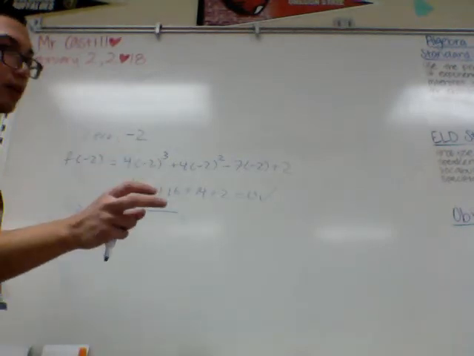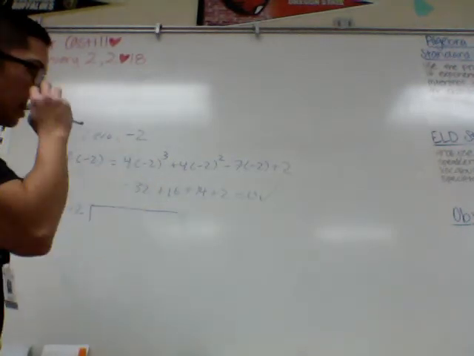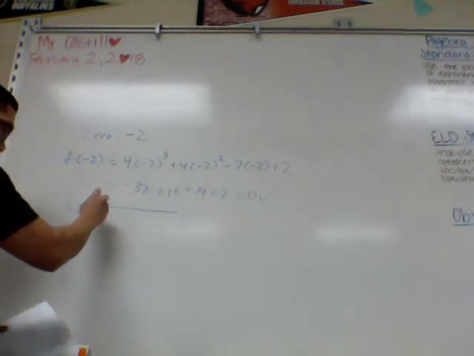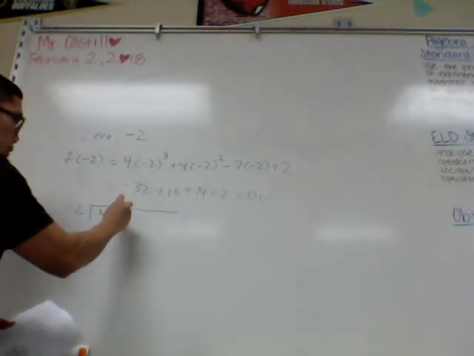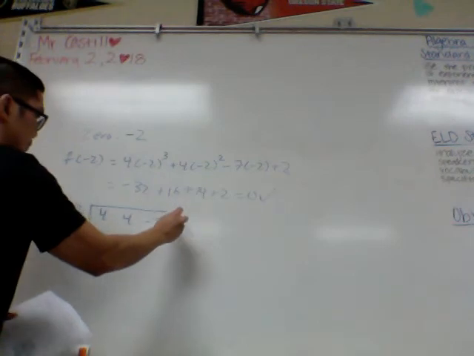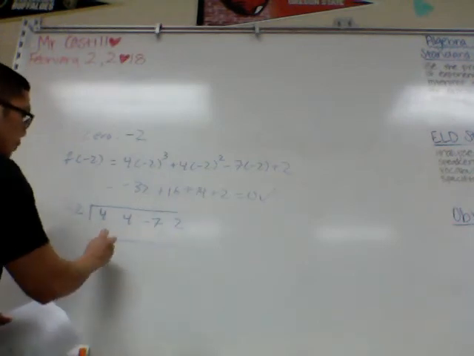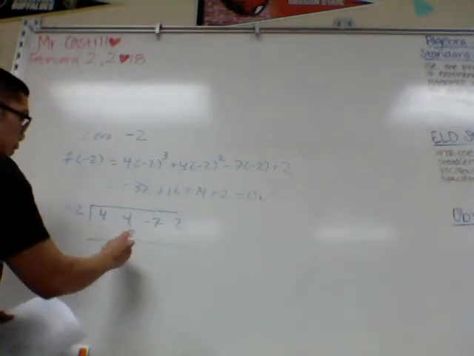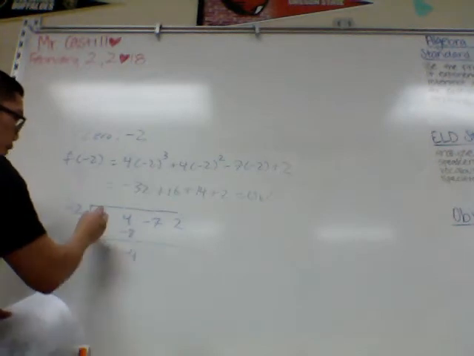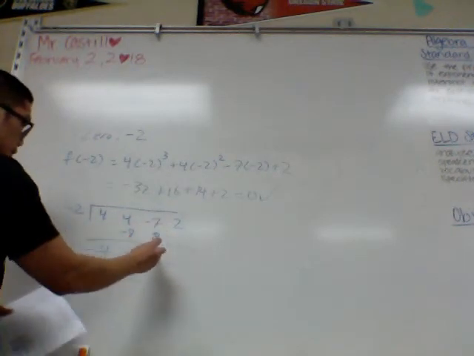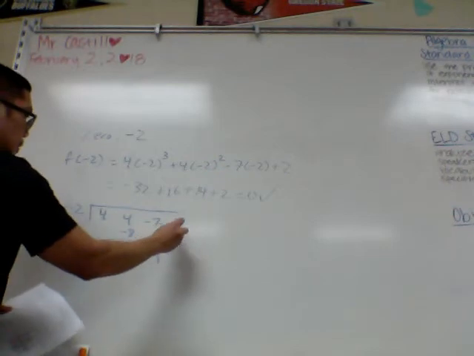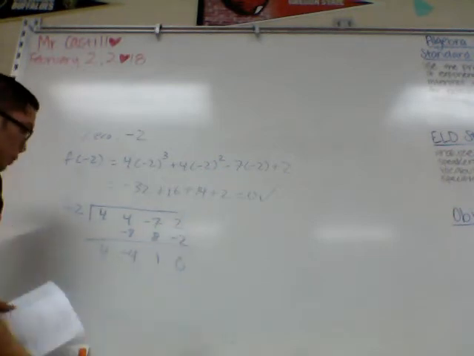If you're missing a power, you have to put a 0. So this is 4, 4, negative 7, 2. We drop the 4. 4 times negative 2 is negative 8. This is negative 4. Negative 4 times negative 2 is positive 8. This is 1. 1 times negative 2 is negative 2, and that's 0.